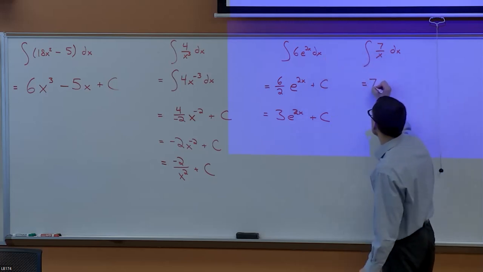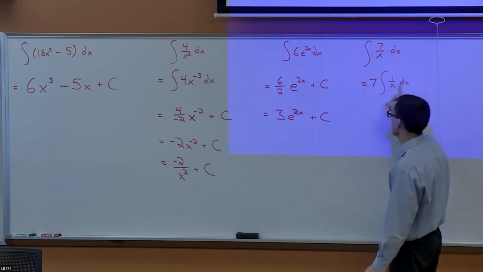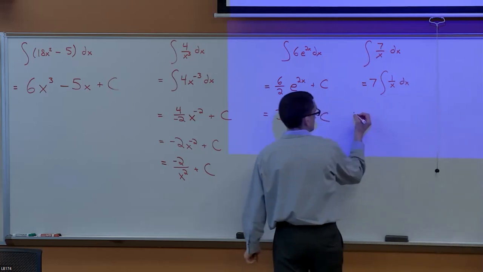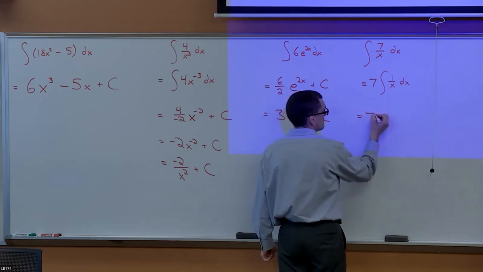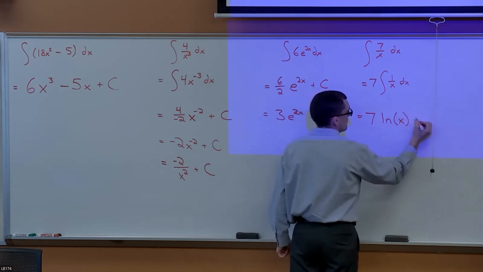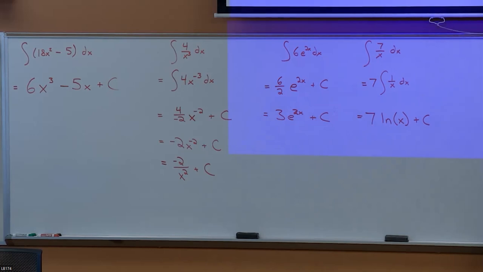I could make this 7 times the integral of 1 over x dx, because remember we can pull constant multiples out. 1 over x integrates as natural log, so we get 7 times the natural log of x plus c. And that's it. That's the whole thing.